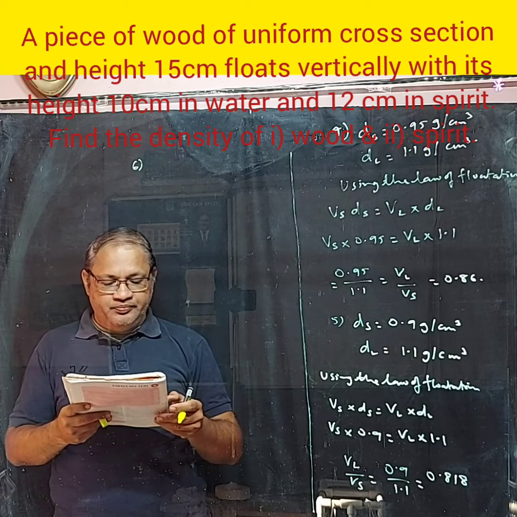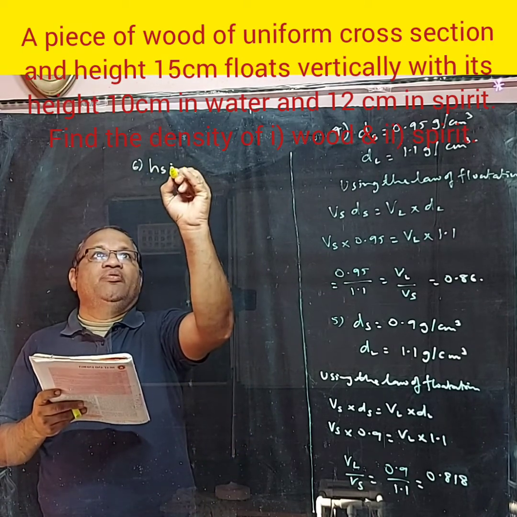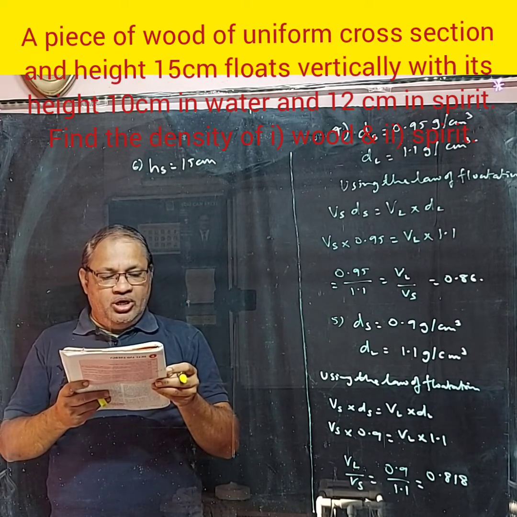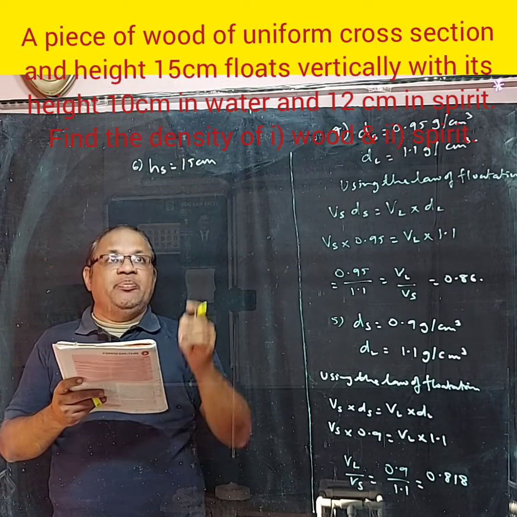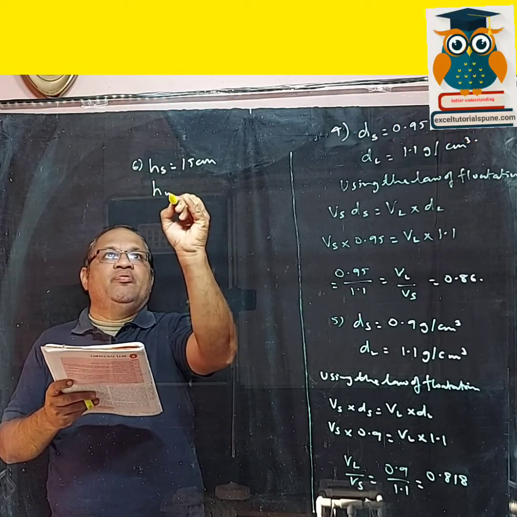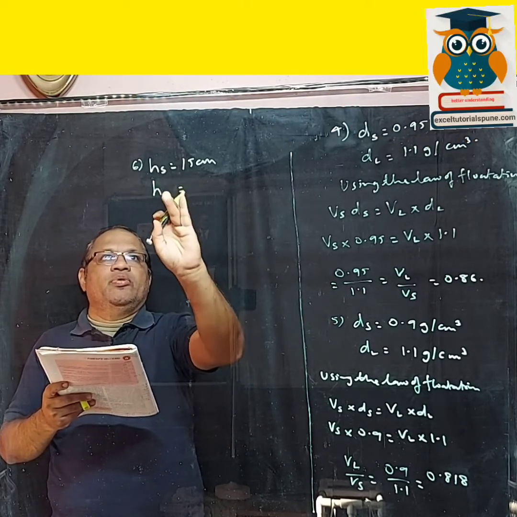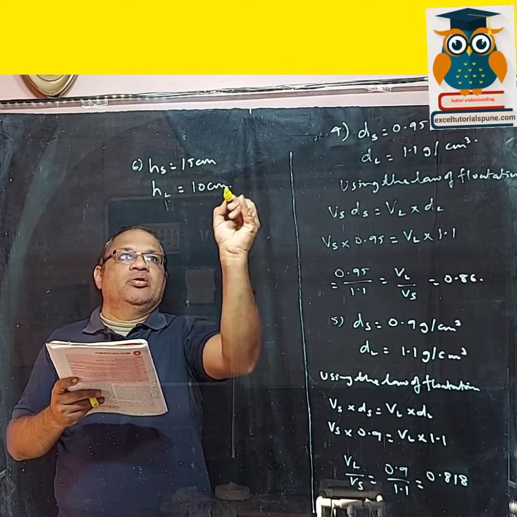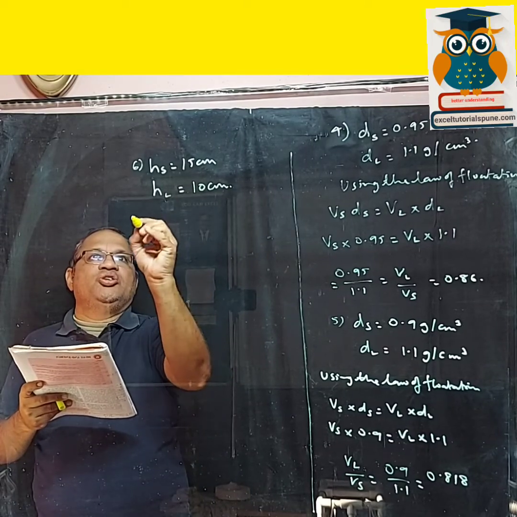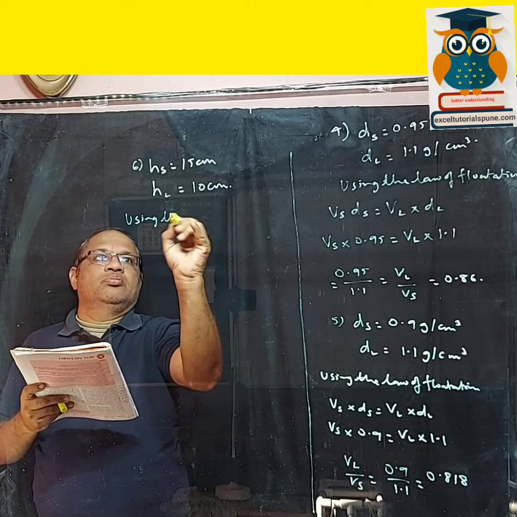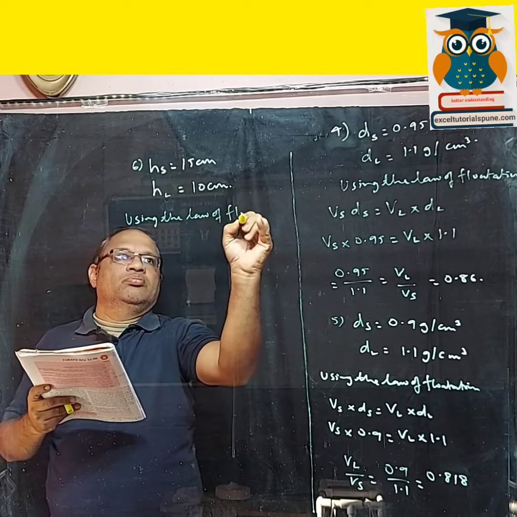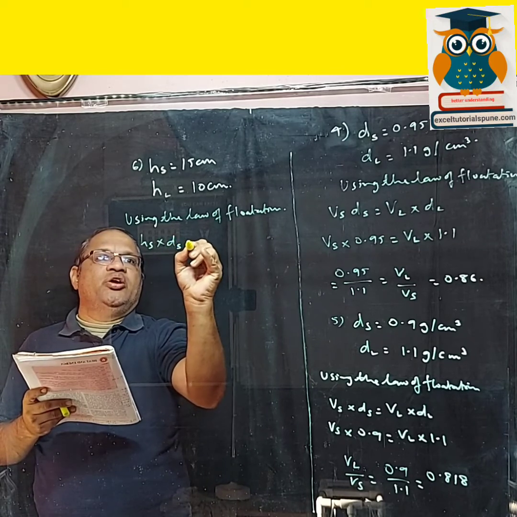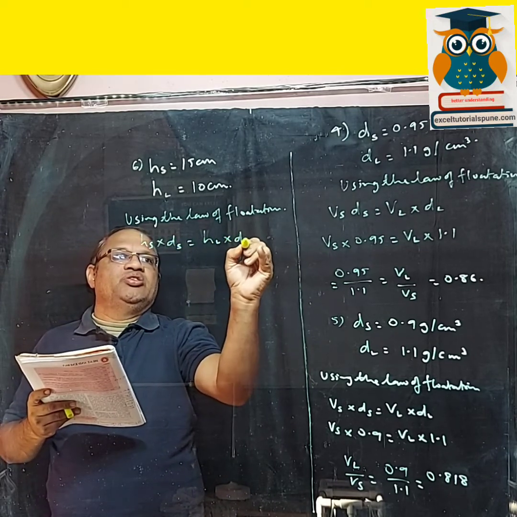So height of solid is 15 centimeter. Okay. With its height 10 centimeter in water. Height of water or liquid, you take it as liquid. Height of liquid is 10 centimeter. So using the principle of flotation, height of solid into density of solid, height of liquid into density of liquid.